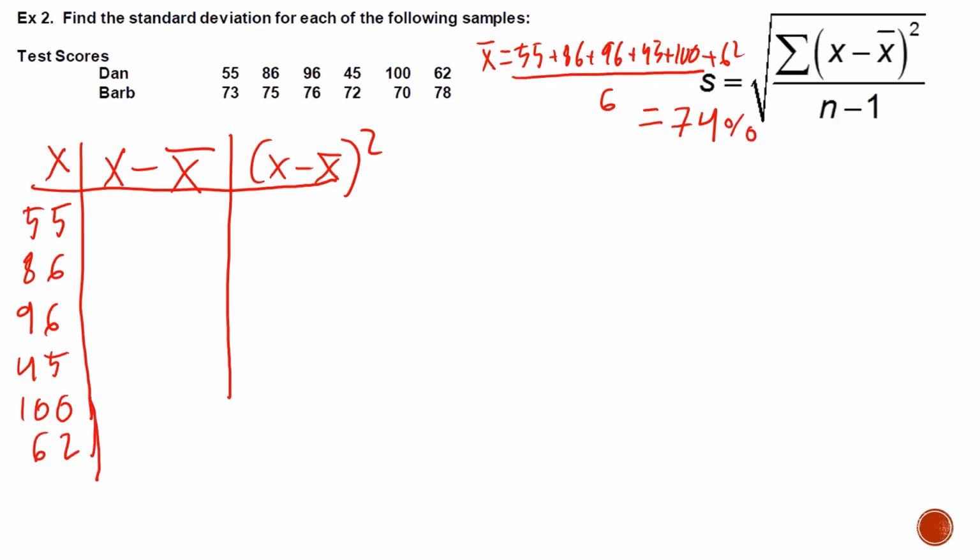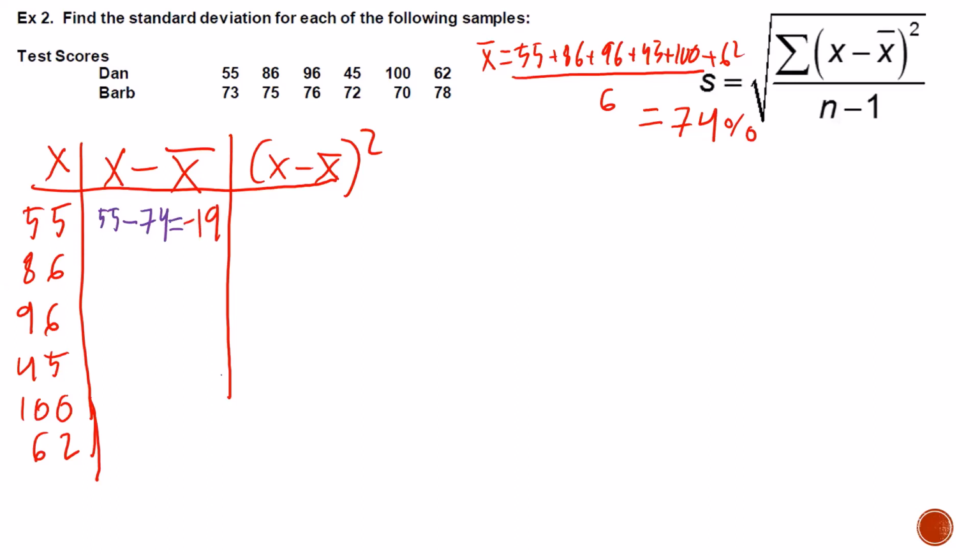Let's practice this. So to find each value, you do the calculation here. So in this case, it would be X, which is 55, minus 74, the mean, which is negative 19.